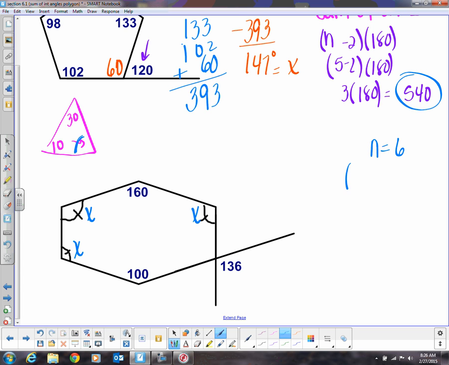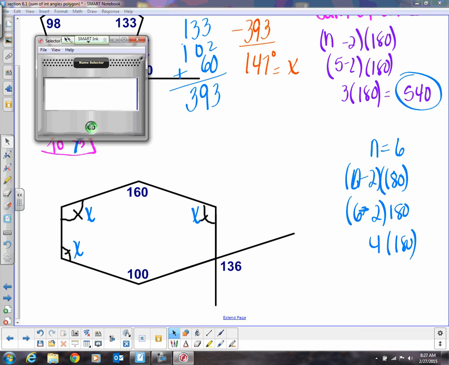Yep, we're going to do n minus 2 times 180. What's my n? So we're going to say 6 subtract 2 times 180, 4 times 180, and this calculator person will be Maria. Okay, so it's going to be 720.